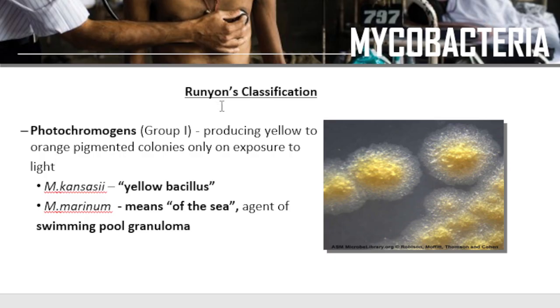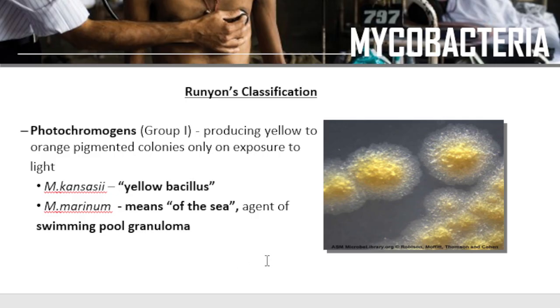So let's start with the classification of Runyon, which is the photochromogens. Photochromogens are group 1 mycobacteria. They produce yellow to orange pigmented colonies, and they are only produced once they are exposed to light. From the name itself, photochromogens, they produce colors or pigments once exposed to light.